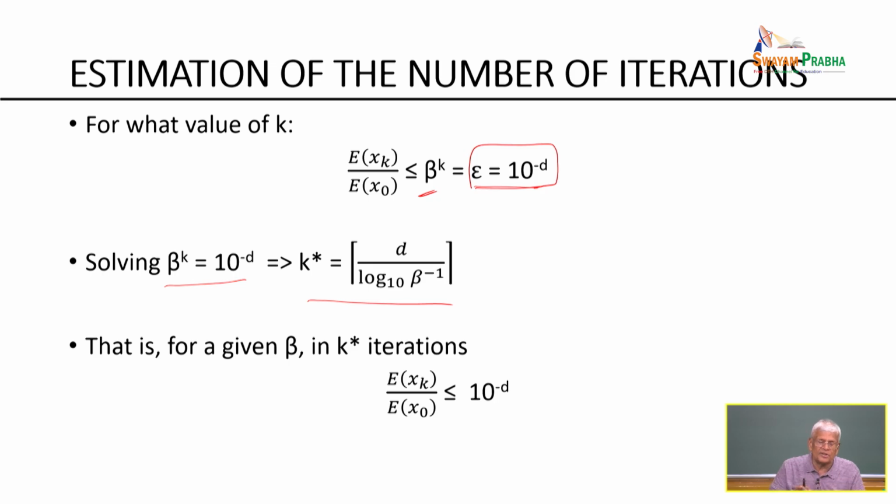Beta depends on the matrix A. So, given the accuracy I demand and the properties of the given function, how far I should iterate until I get a result accurate up to d decimals. So, for a given beta, for a given A, beta is given. So, k star iterations will reduce the energy by this quantity. So, I can pre-compute the number of iterations needed.